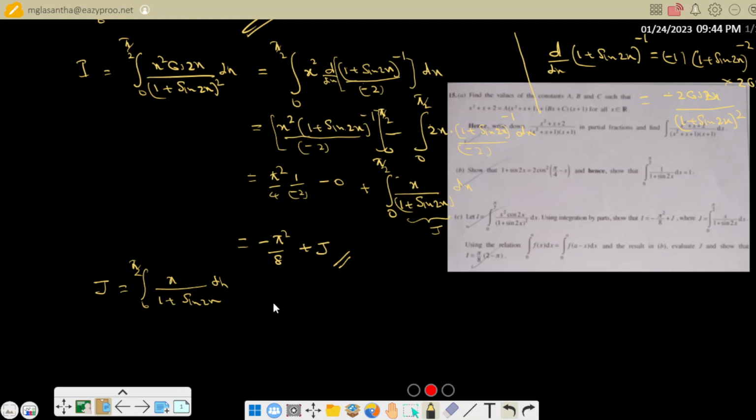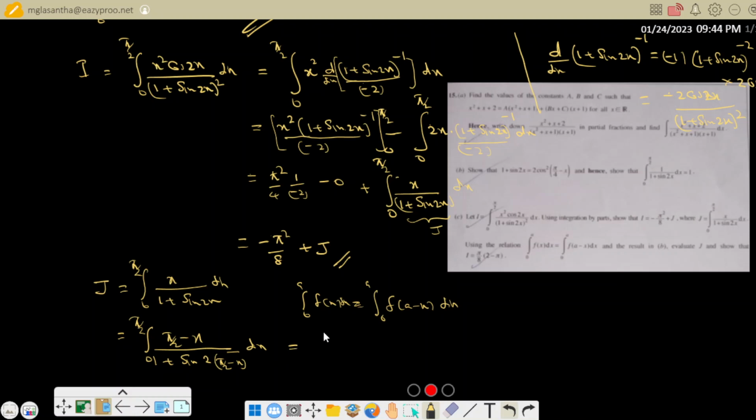So if we use this, the integral from 0 to a of f(x) equals the integral from 0 to a of f(a minus x) dx, you can take this equal to the integral from 0 to pi by 2 of (pi by 2 minus x) over (1 plus sine 2 into (pi by 2 minus x)).